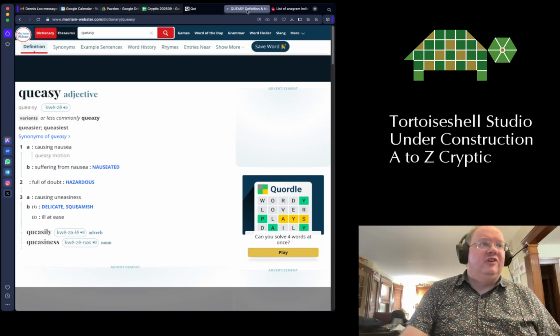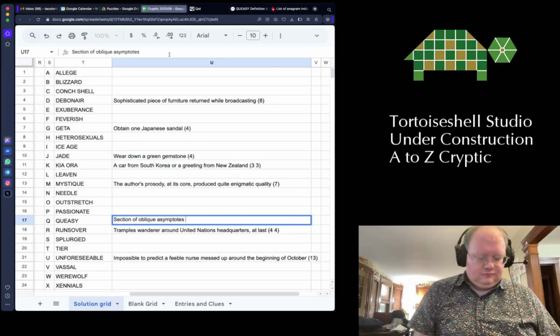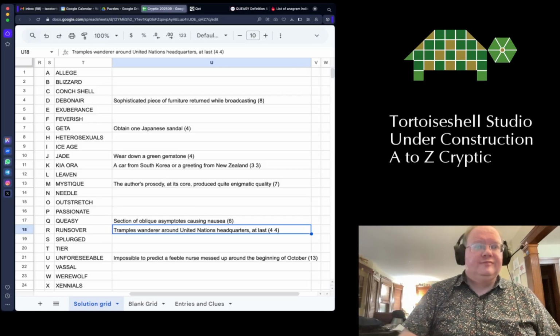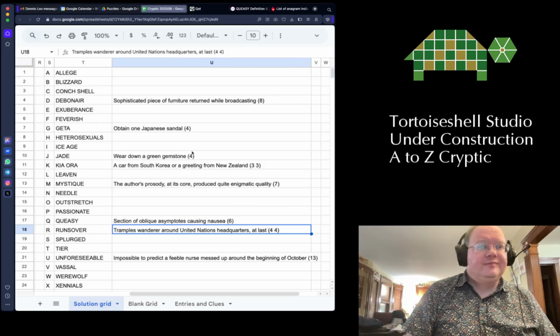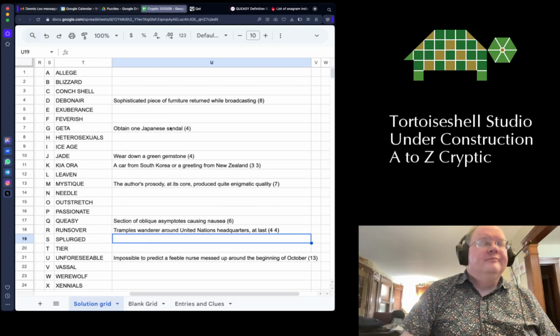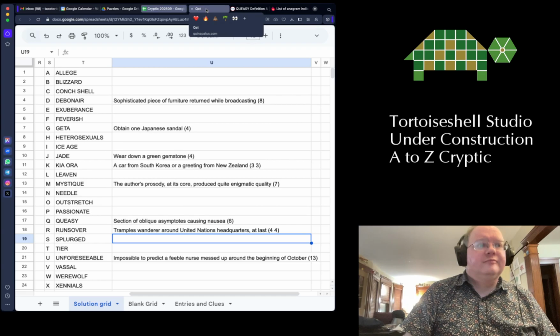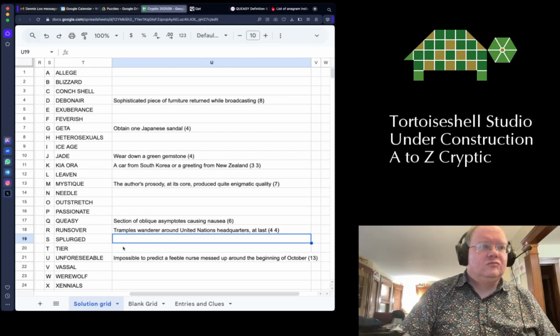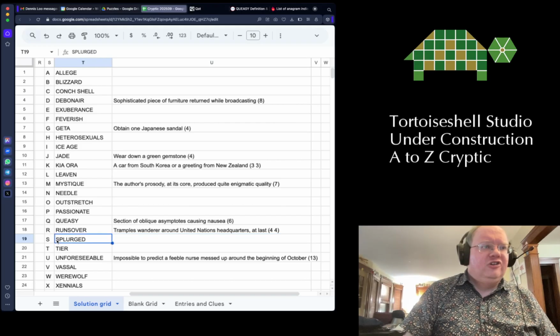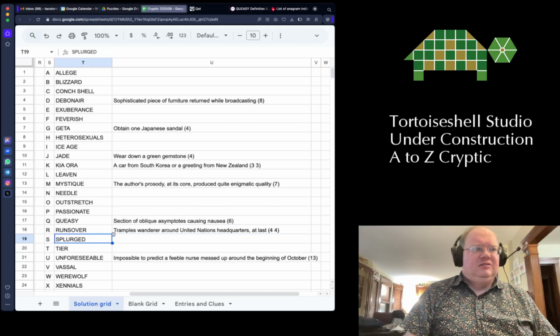Queasy could also be causing nausea. I guess splurge could also be surged around PL.